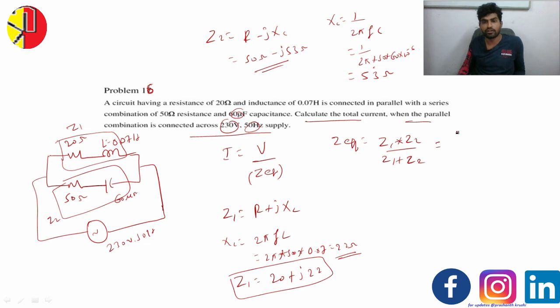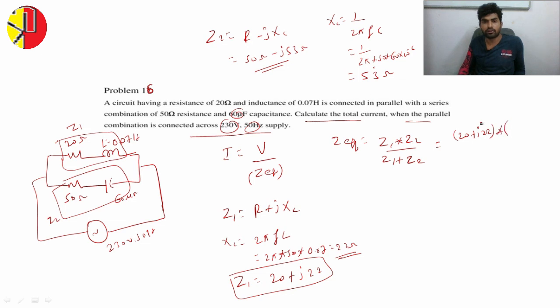Z1 is 20 plus J22 into this one, 50 minus J53, divided by 20 plus J22 plus 50 minus J53. So finally, after calculating this, use calculator, we got Z equivalent is 25.7 plus J11.9.